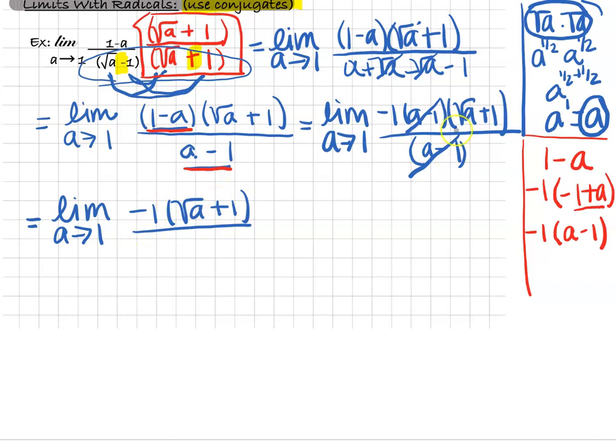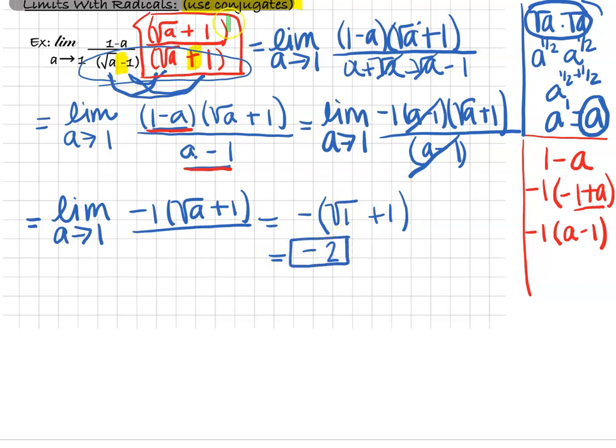We canceled all that, so now I can evaluate. This would be equal to negative parentheses square root of 1 plus 1, so that would be equal to -2.